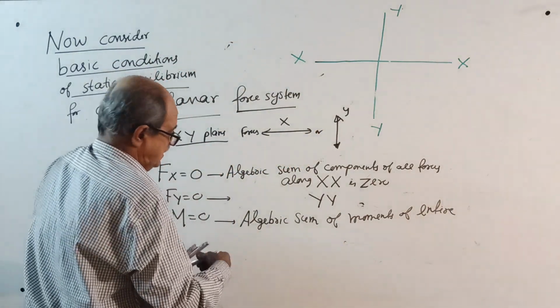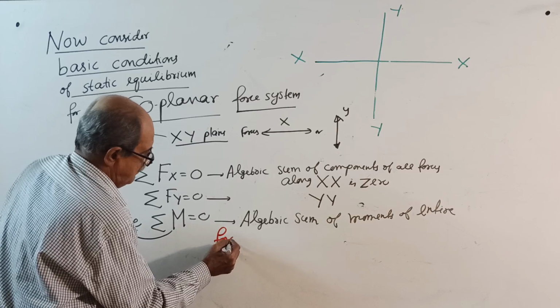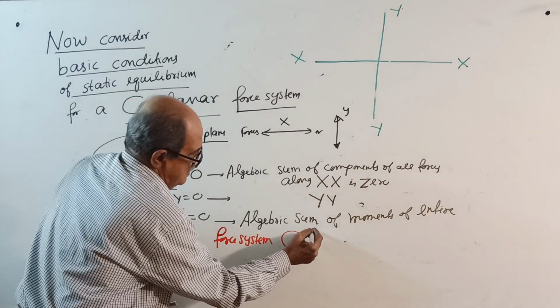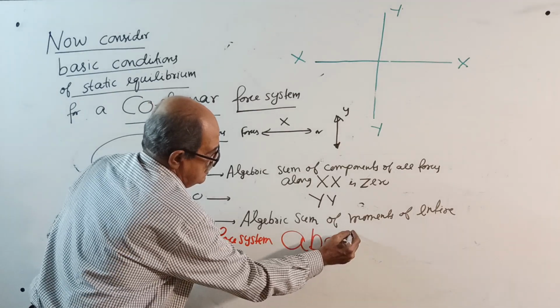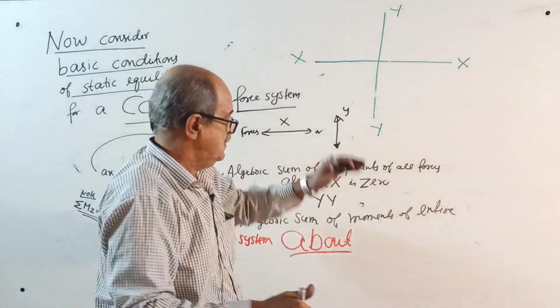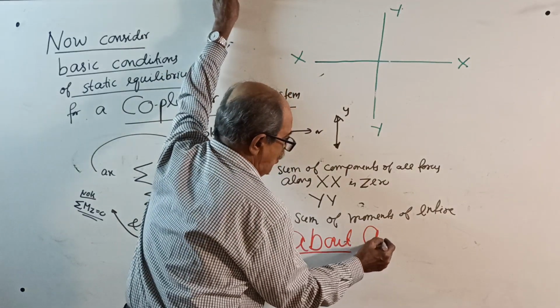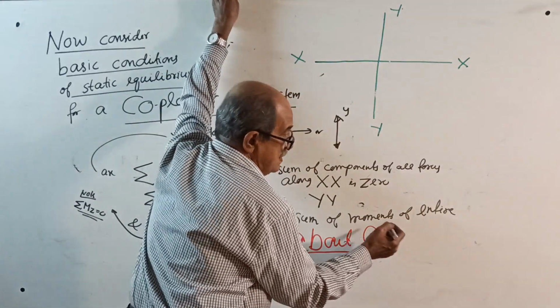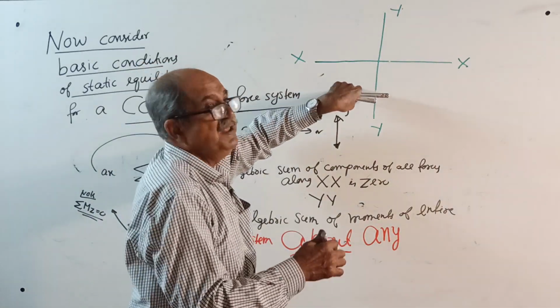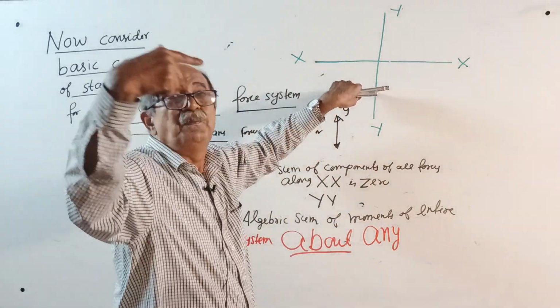I am changing color, in red I write: force system about any point which you take. I am telling it 100 times now. If you take any point, it means the moment is about an axis perpendicular to the plane.